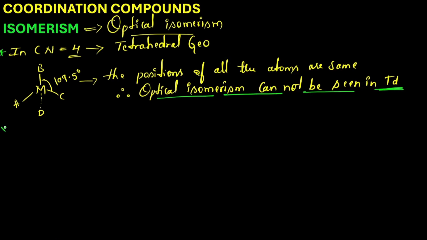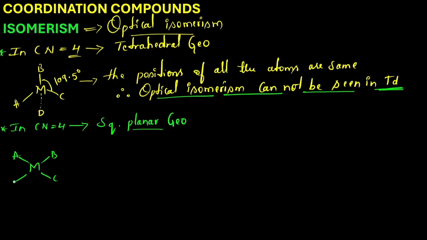And now we will consider again in coordination number 4, square planar geometry. So now we will see what happens in square planar geometry. First we will write the structure of the compound. So it will be like this. Yes, this is the structure of square planar geometry, A, B, C, D. So here all these ligands will be in the same plane.